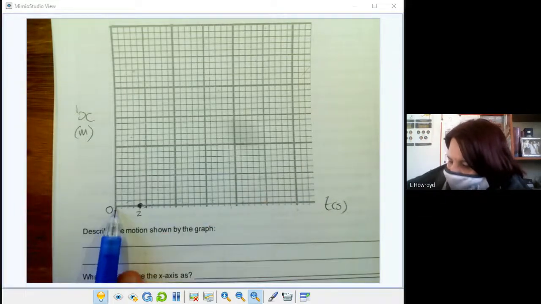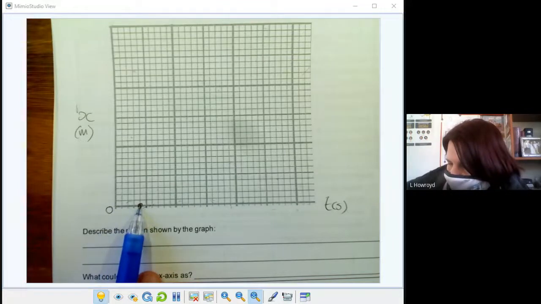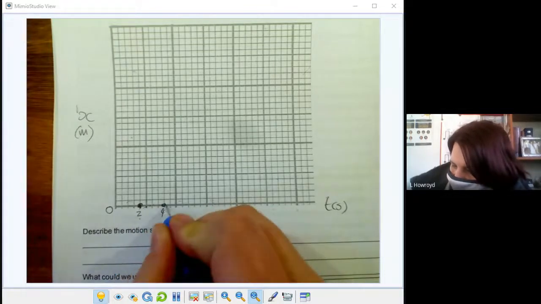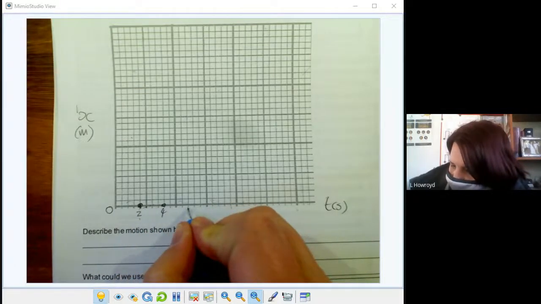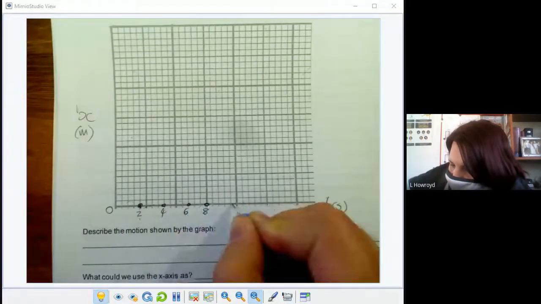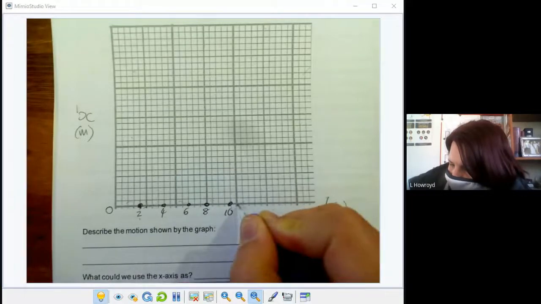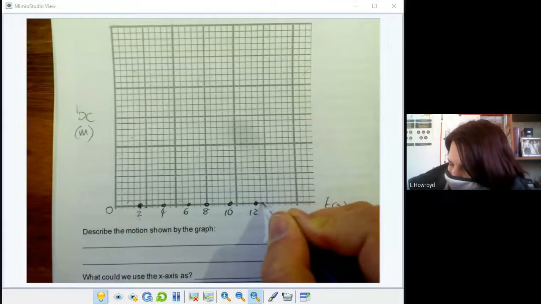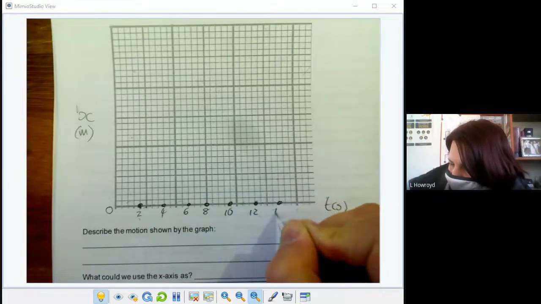Every fourth line from the first line here. So 1, 2, 3, 4. There's 2. 1, 2, 3, 4. There's 4. 6, and we can go up in twos then. Here we go.